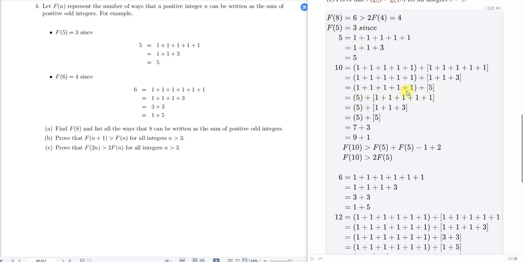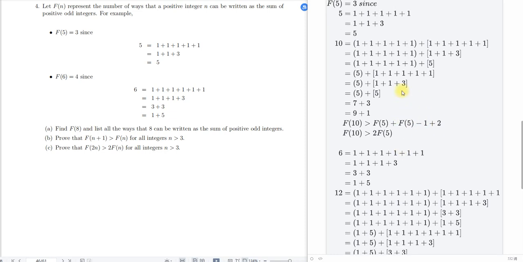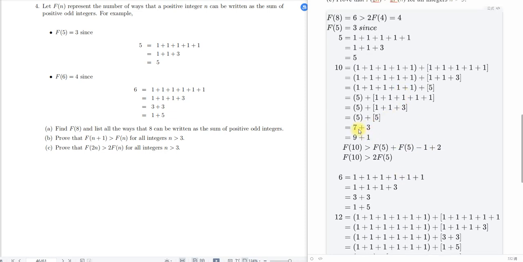1 plus 1 plus 1 plus 1 plus 1 plus 5, 5 plus 5. It's an overlap, so we minus 1 here. But we can have 2 more because there are 2 odd integers between 5 and 10. There are 7 and 9, which won't be in f(5), because 7 is greater than 5 and 9 is greater than 5.